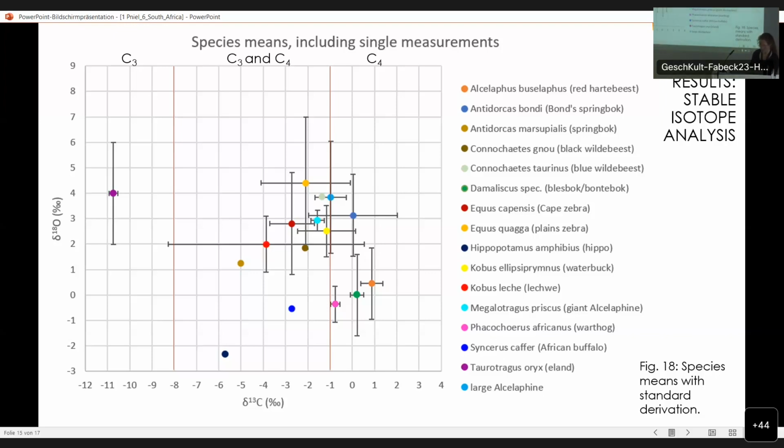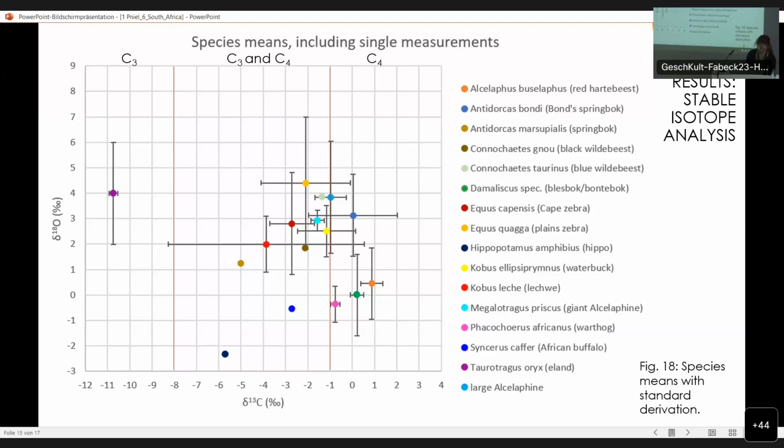As you can see, most animals at that time at Pniel had a diet of mixed C3 and C4 plants, and the second most animals had a pure C4 diet, and only the eland had a C3 diet.